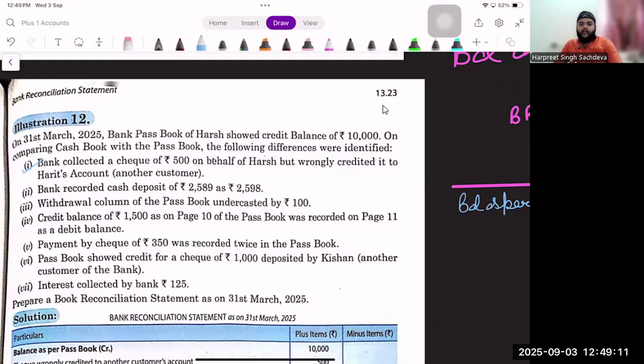Okay. The bank collected a check of 500 on behalf of Harsh. On Harsh's behalf, the bank collected the check, which means cash book will increase and passbook. The bank collected a check but wrongly credited it to Harit's account. Means we are Harsh. The check was collected on our behalf but was not credited to our account, Raja; it was credited to someone else's account. Means we have entered the check. Cash book will increase, passbook will not increase. Yes or no? Passbook will not increase.